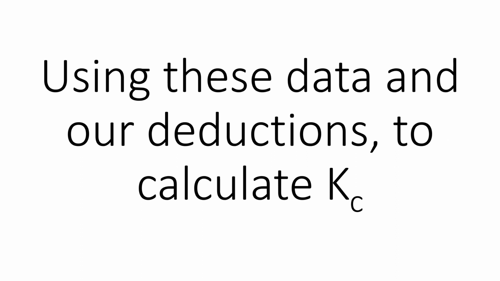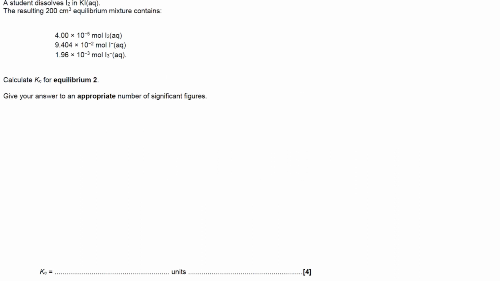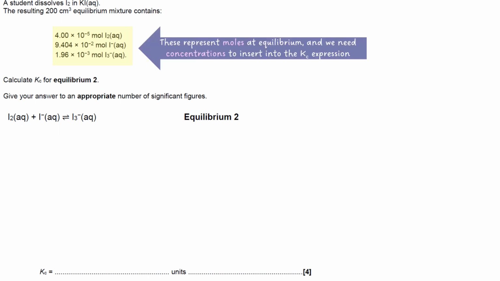Now we've had a think about what we're reading, we can use this information to calculate Kc. I've got to be a bit careful, remembering what equilibrium 2 represents, and also looking at the numbers that have been provided. They're not quite ready to go into a Kc expression yet because they have to be converted into concentrations. They're only moles at the moment. So the connection between moles and concentration is through volume.